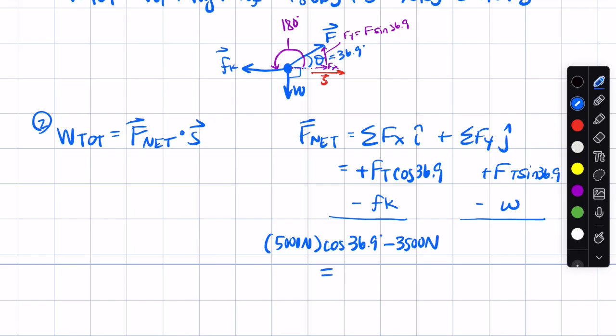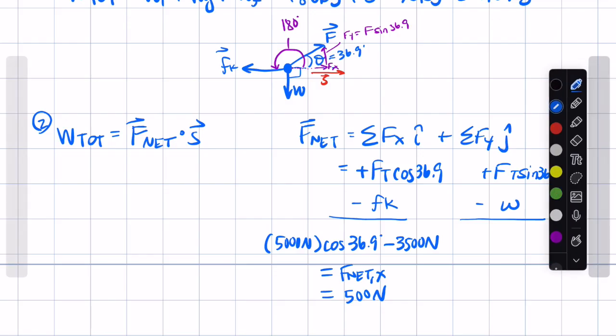So F net in the x is going to equal 5,000 cosine 36.9 minus 3,500. So that's roughly 500 newtons. I'm rounding here. It's 498.4. I'm going to round to 500. Okay. And now let's do the y components.